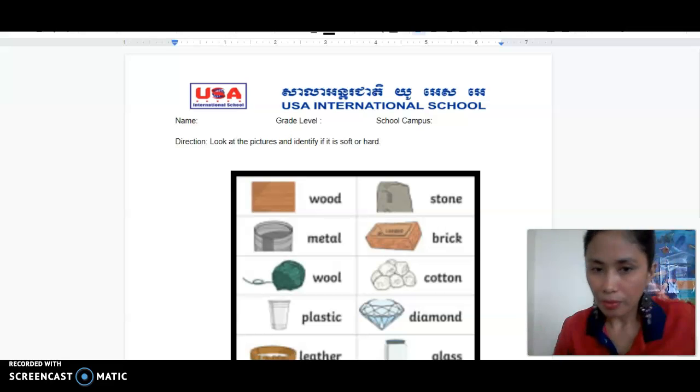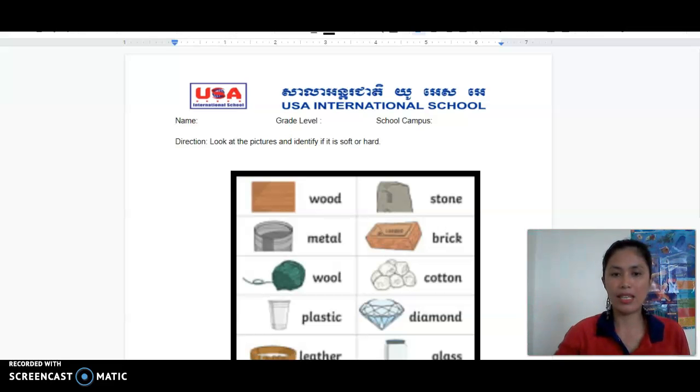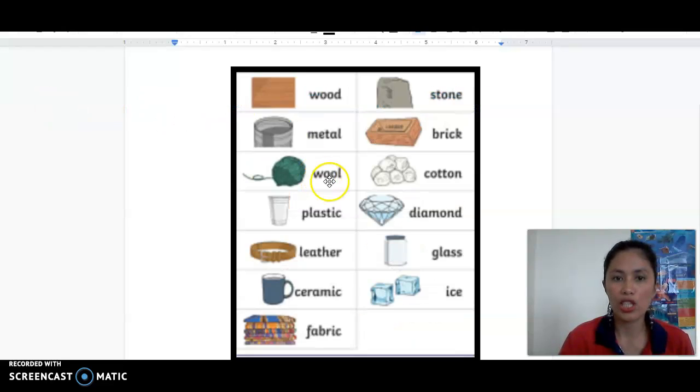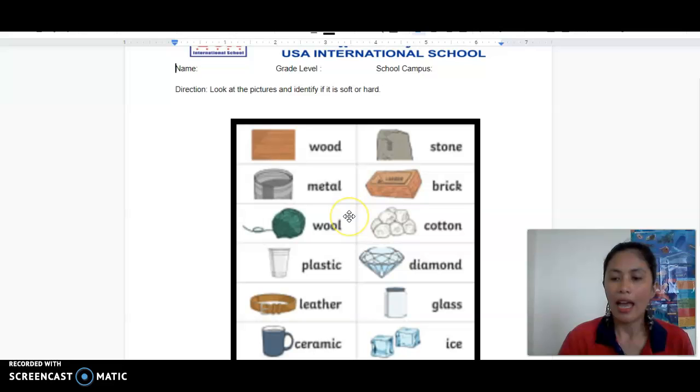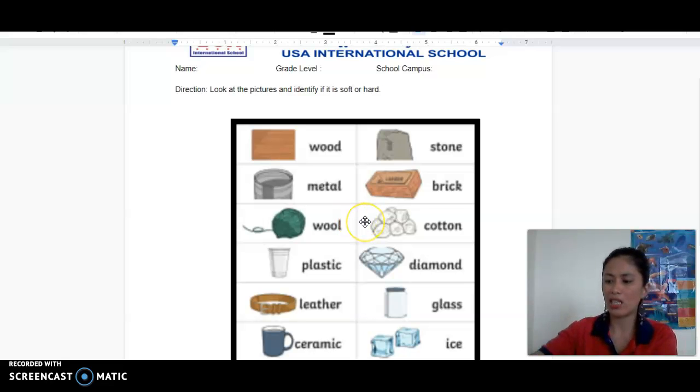All right, this is your assignment. In this assignment, you are going to look at these pictures and identify if it's soft or hard. When we say soft, it's easy to squeeze. When it's hard, it's not easy to squeeze, just like this one.